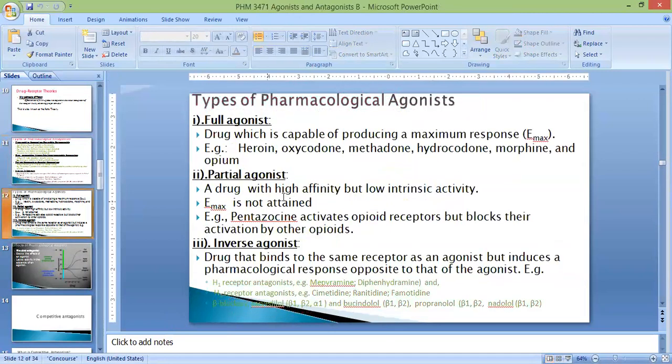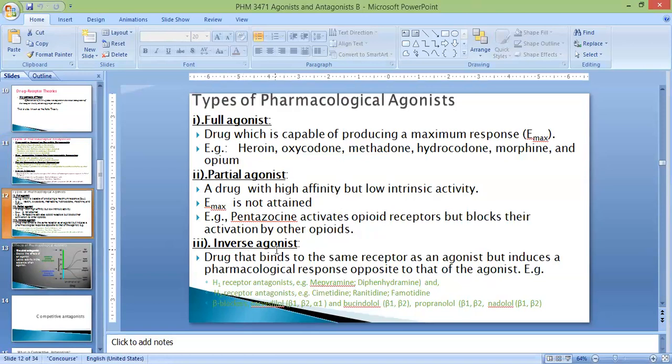Full agonists, we've explained this when we were talking about partial. Full will see the maximum response, whereas a partial gives half the response, or just as the word suggests, a partial response. Then an inverse agonist, it's the same terminology here.